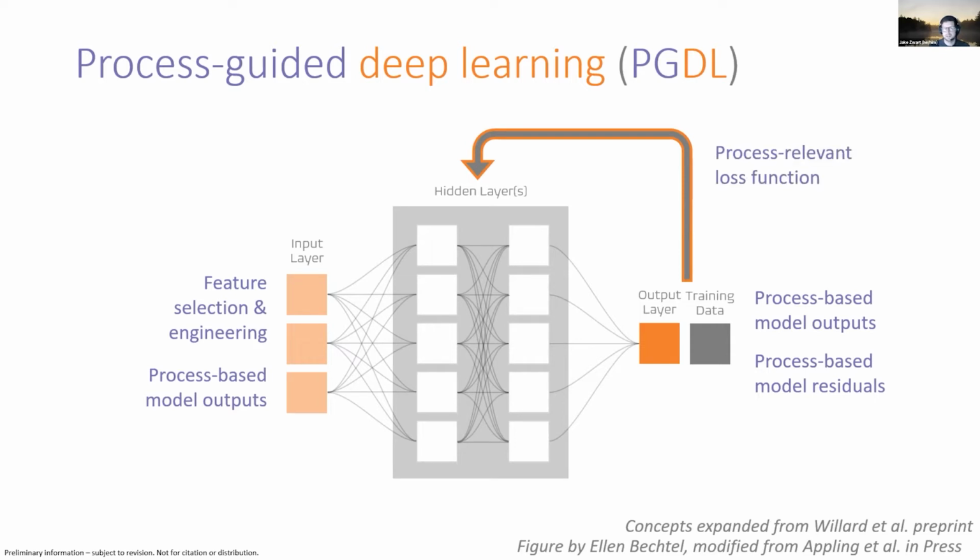You can also inject process guidance by including process-relevant loss functions. So, for example, you can penalize a model for violating laws of conservation of energy. And you can also have process-relevant architecture constraints within the model structure itself.